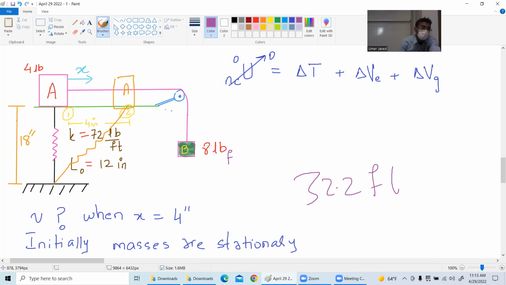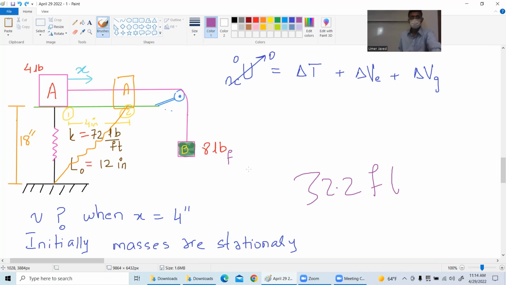So if you want to convert this to mass, you will have to divide it by 32.2. I'm telling you because you are already doing the problem. British system is a little confusing, but with practice, you get these things. So we don't need to do it.